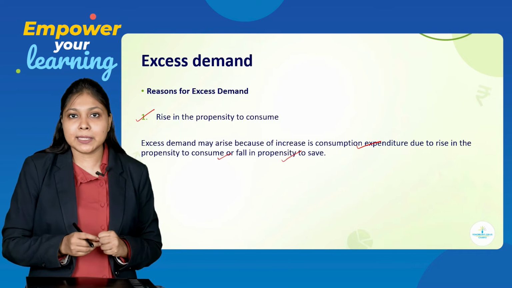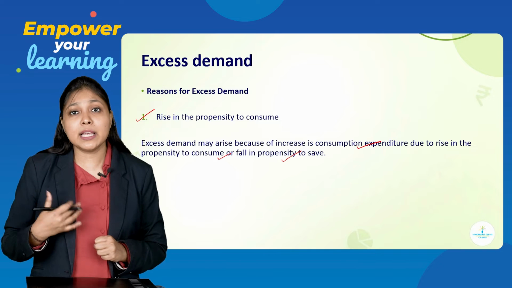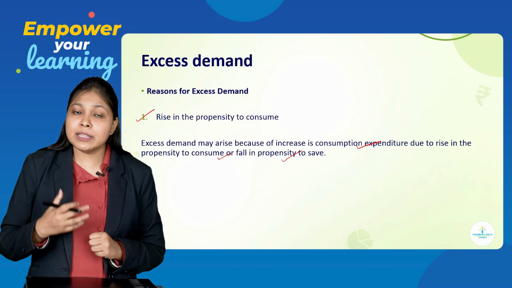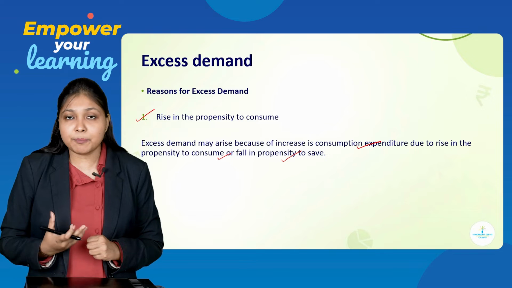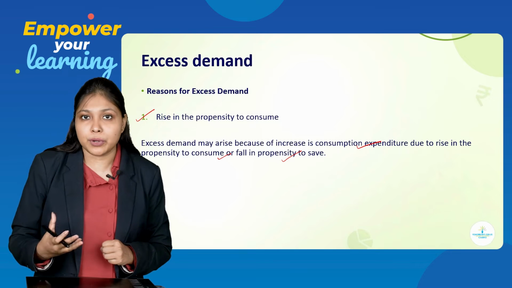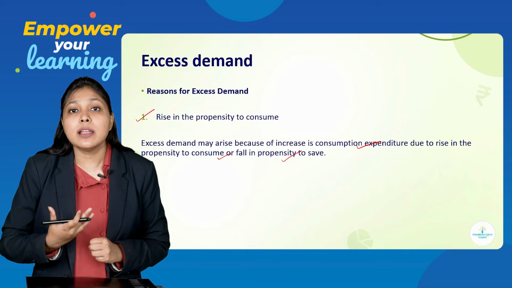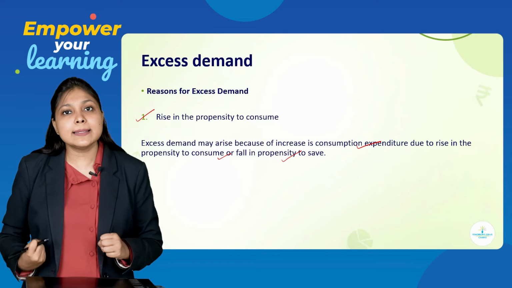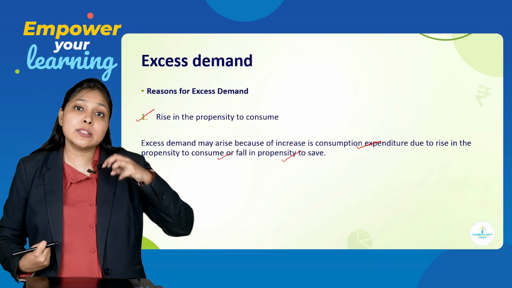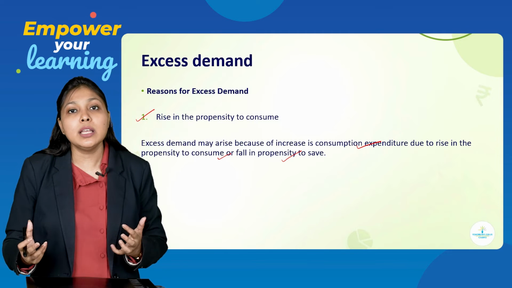Here what is happening is that people are generating more income. When there is more income in the hands of people, they will consume more. And when they consume more, automatically it leads to an increase in demand and a decrease in savings. That means people are consuming more as compared to savings.